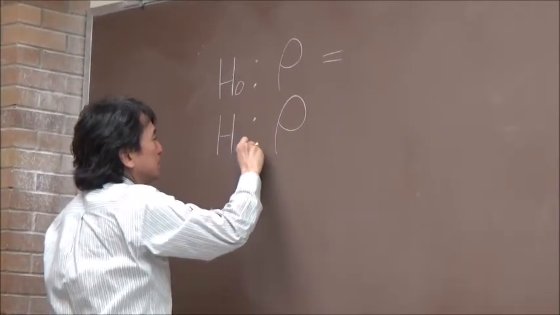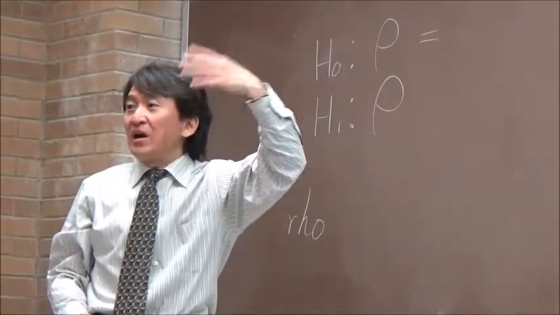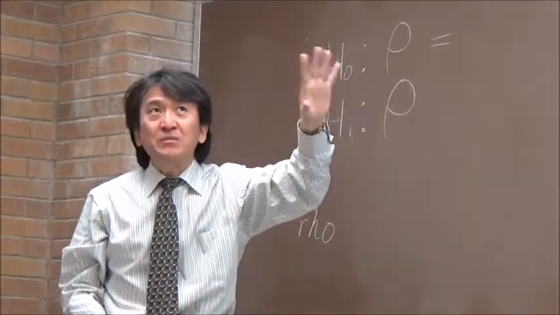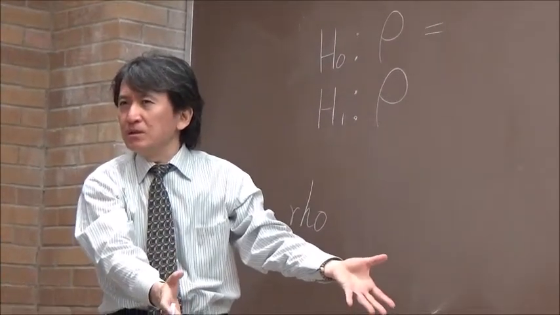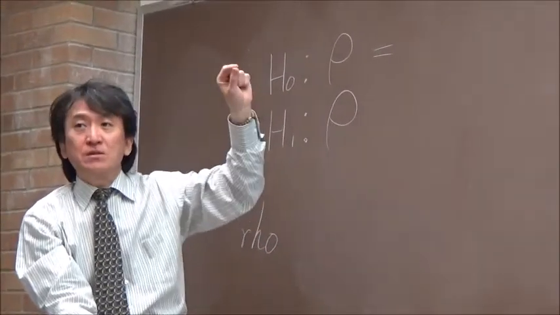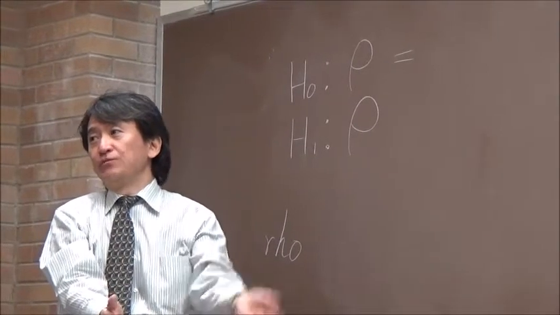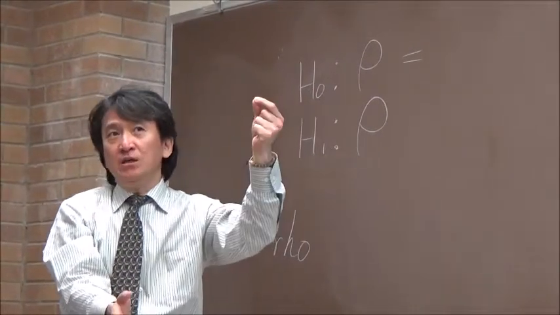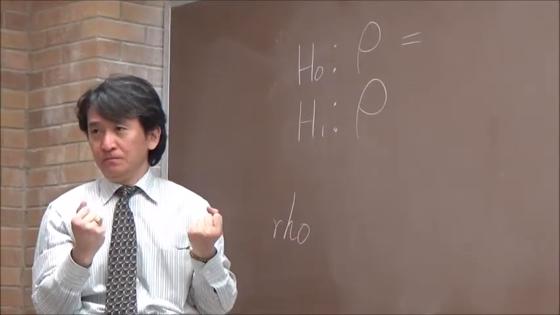Because Greek letters refer to parameters, parameters of an imaginary population. Remember that? Greek letters always refer to population parameters of an imaginary population, from which we assume that we drew a sample. Does it make sense?